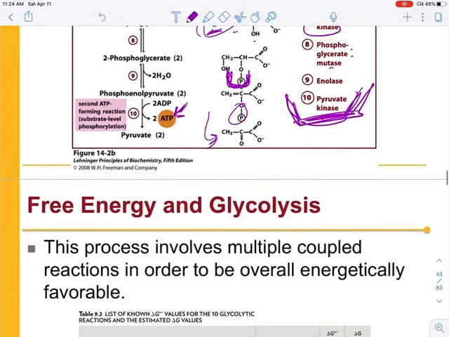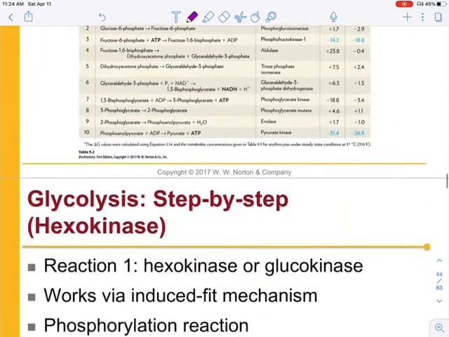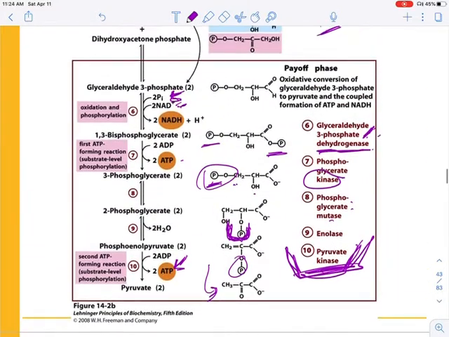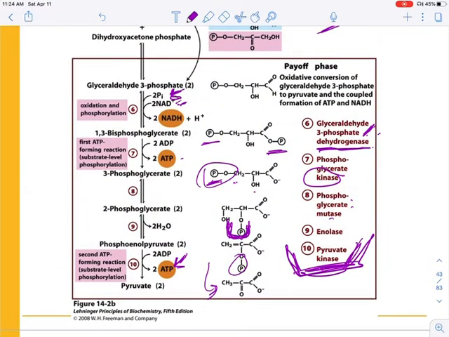And so as a result of this process, you have minus 2 ATP, you have plus 4 ATP in steps 7 and 10. You have plus 2 NADH.